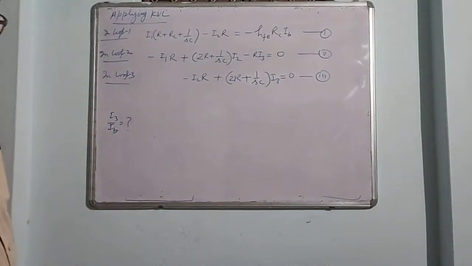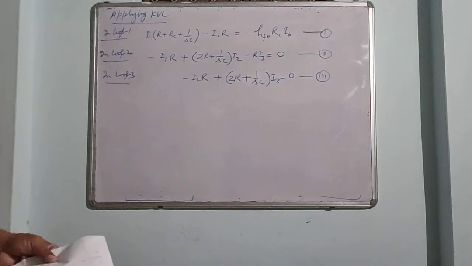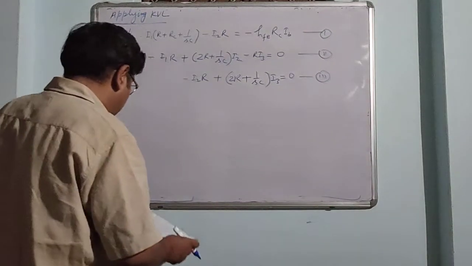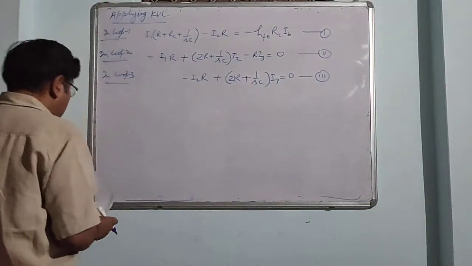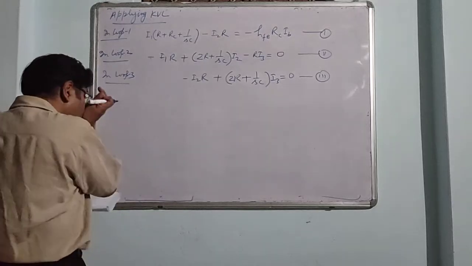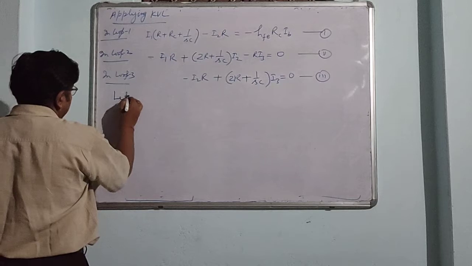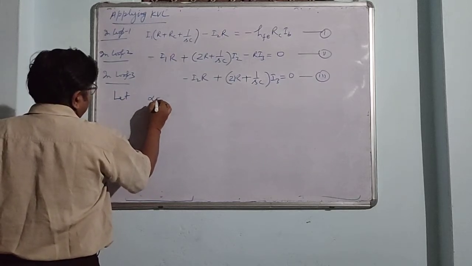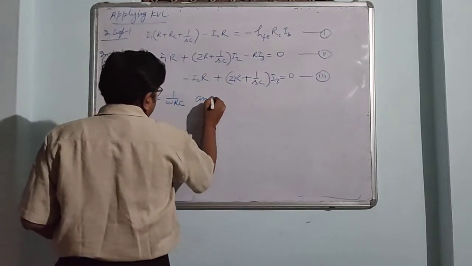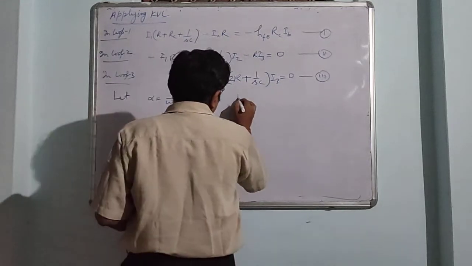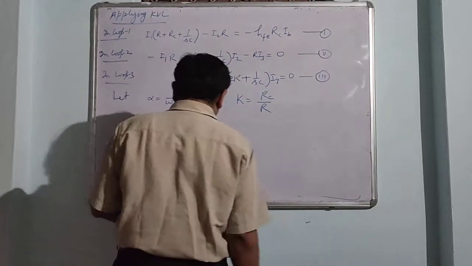To calculate this from these three equations, we have an assumption, let alpha equals 1 upon omega RC, and another assumption is this ratio RC upon R is a constant.